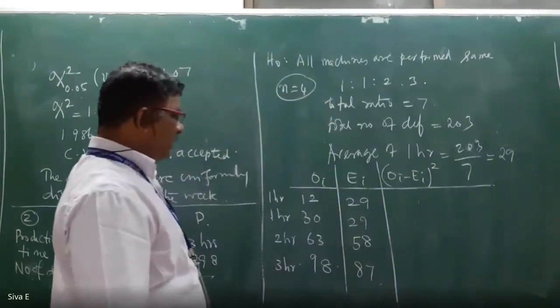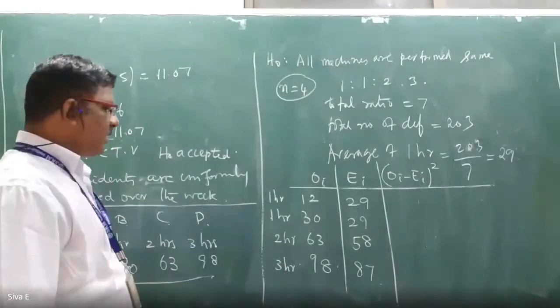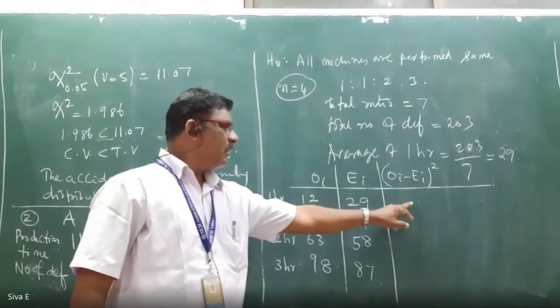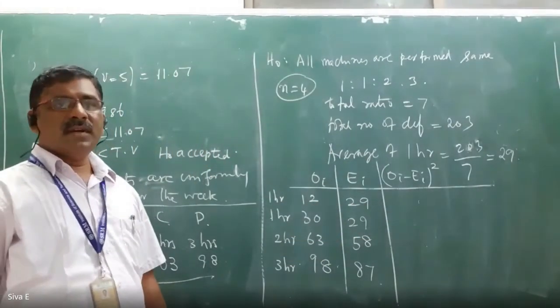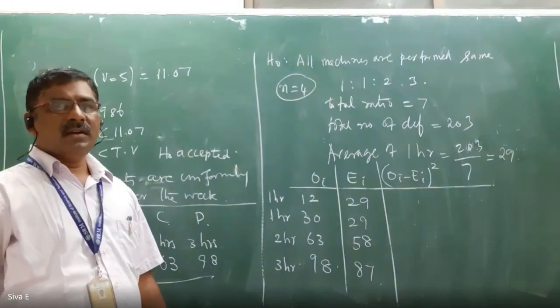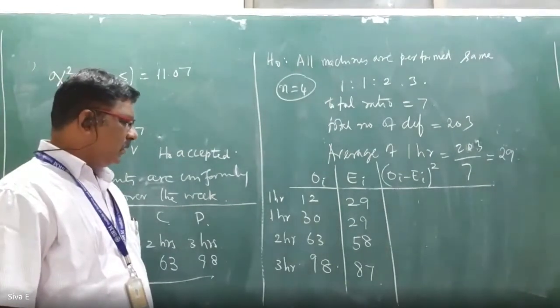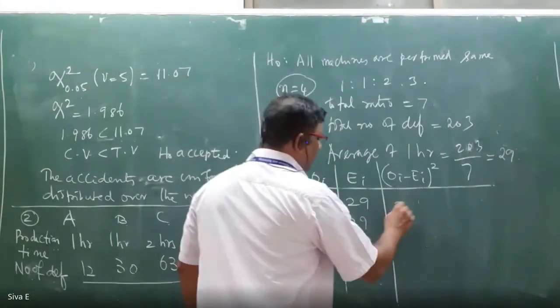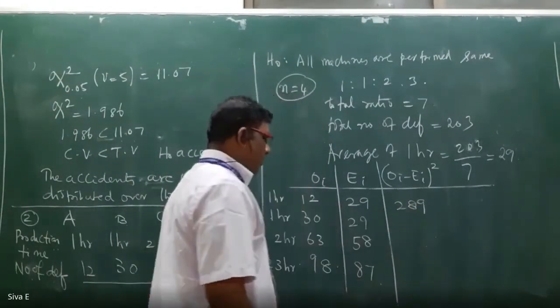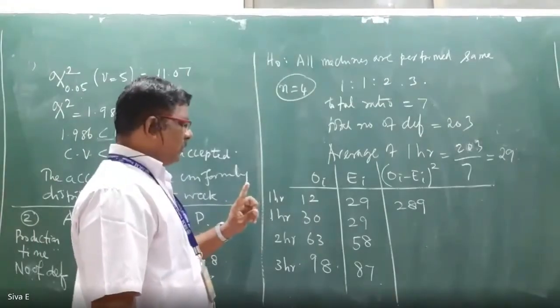OI minus EI whole square. What is the value of the first one? 289. Second one? 1.